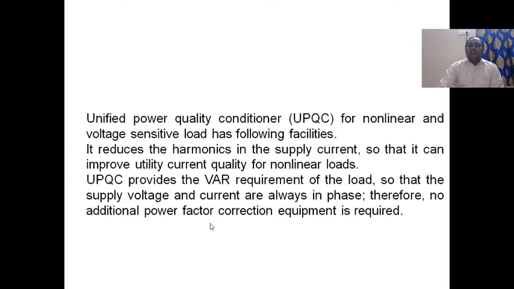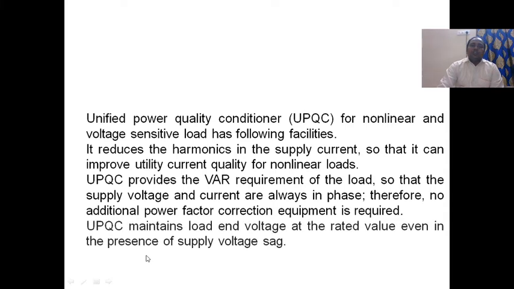Therefore, no additional power factor correction equipment is required. This is also used to improve the power factor. UPQC maintains the load end voltage at the rated value even in the presence of supply voltage sag.